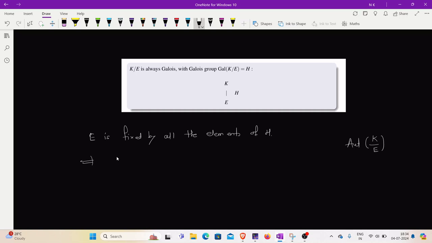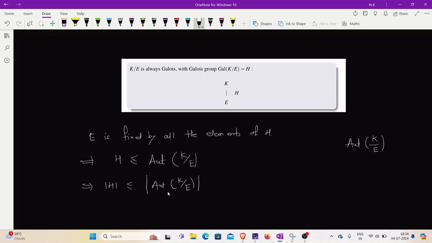So this implies H is a subgroup of the automorphisms of K over E, right? So this implies the cardinality of H is less than or equal to the cardinality of the automorphisms of K over E, right?